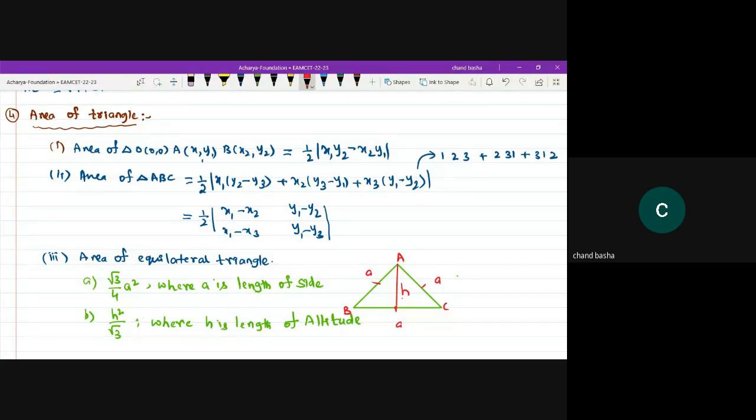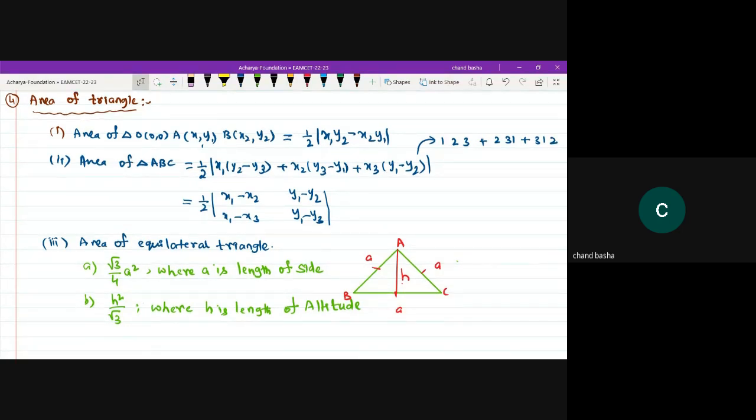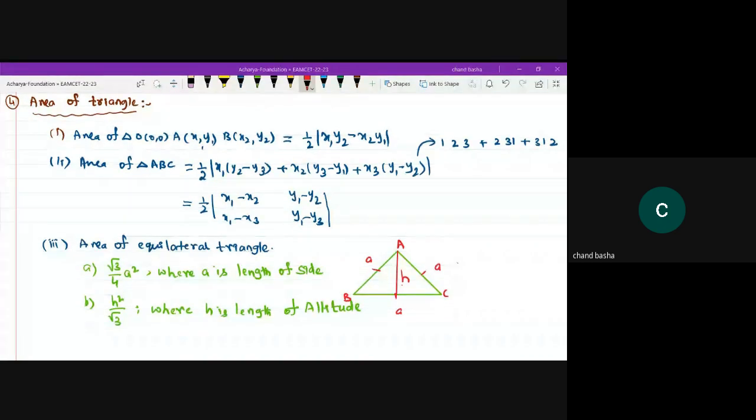The next is point number 5. Make a note of this fourth point, please. If you have any doubt while the class is going on, you can raise your hand so that I can understand you have a doubt, and we can unmute you.